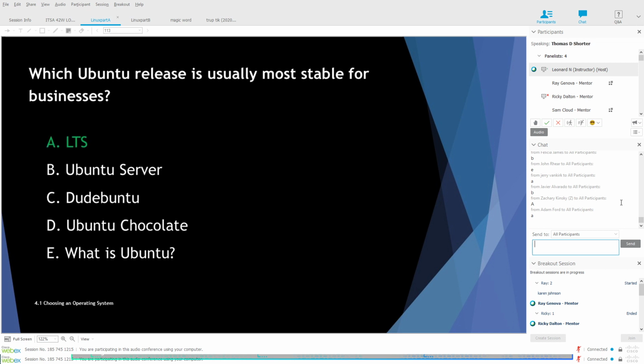What does LTS stand for? And what does it mean? Long-term support, and how long will they support that particular operating system when it says LTS? 5 years.